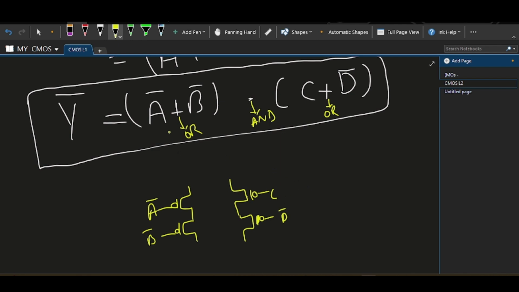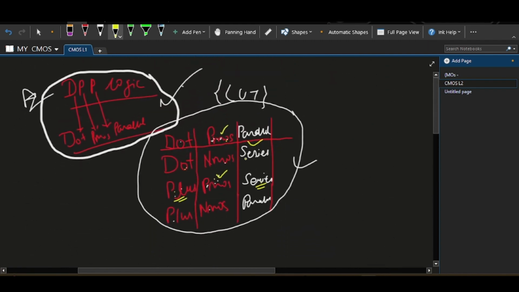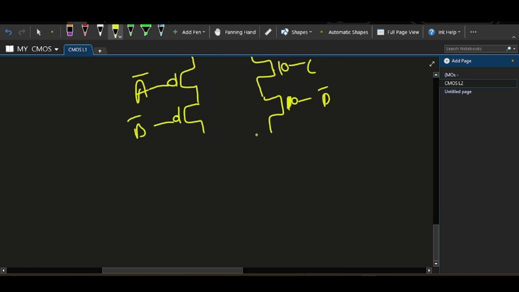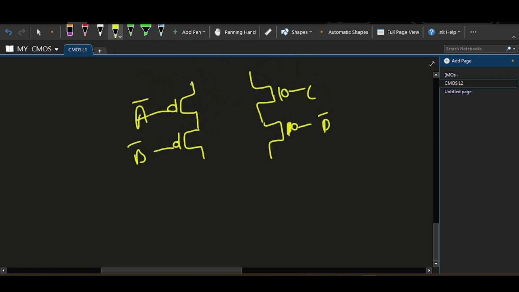But overall, if I say this entity is, let's suppose, X, and this other entity is, let's suppose, Y, they both are connected by a dot. So if two entities are connected by a dot, then what would our operation be? So if it is on the dot, and we have to build it with PMOS, then they would be in parallel. Okay, so in what way would these two connections be?